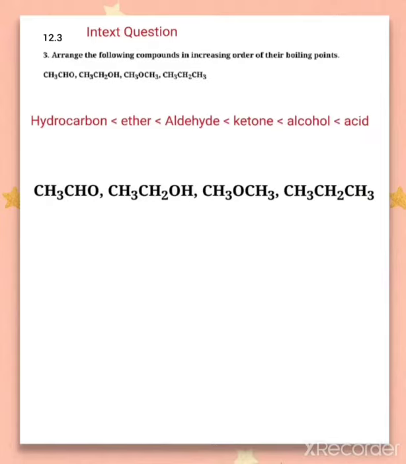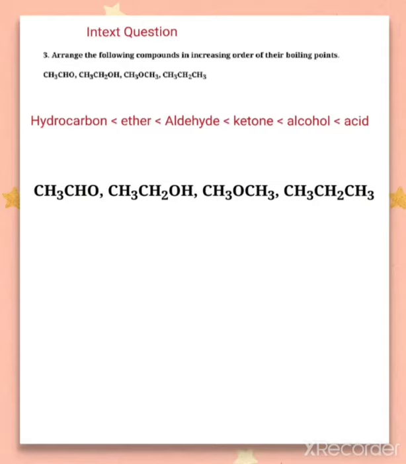In order to do this type of question, first of all, we have to identify whether the given compounds are of comparable mass or not. How do we find out whether the molecules are of comparable mass? No need to find the molecular mass here.